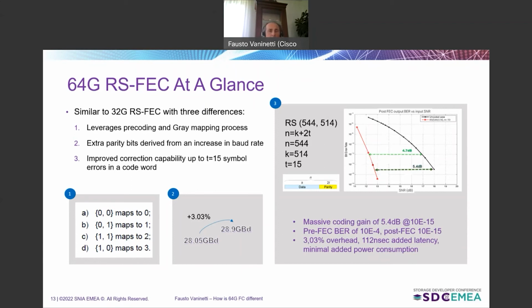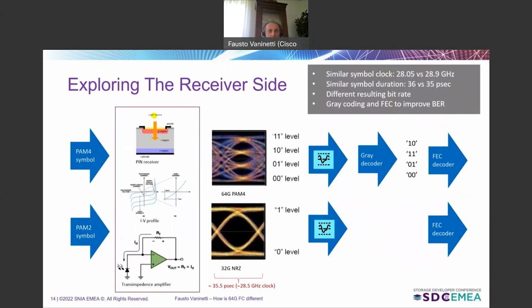And all of that happens by introducing minimal additional latency, a little bit more than 100 nanoseconds for forward error correction processing. And all the mathematical computation can happen within circuitry that is not really adding to the power consumption of your devices.